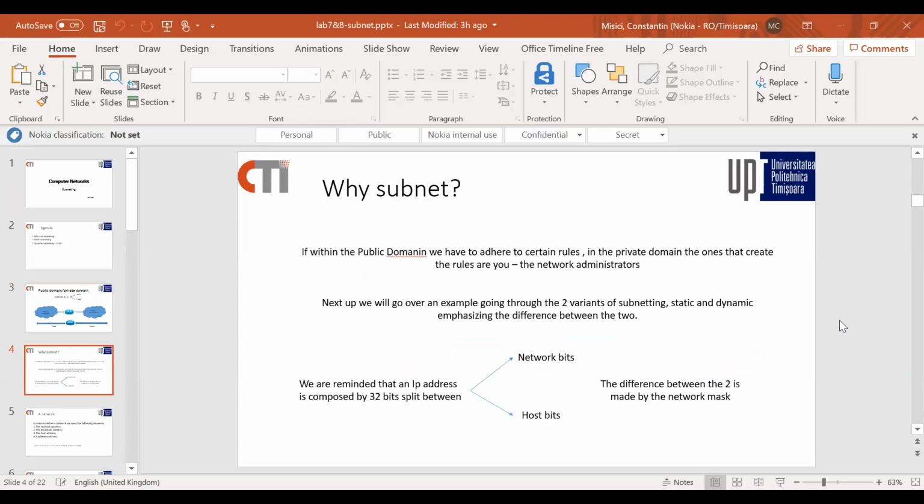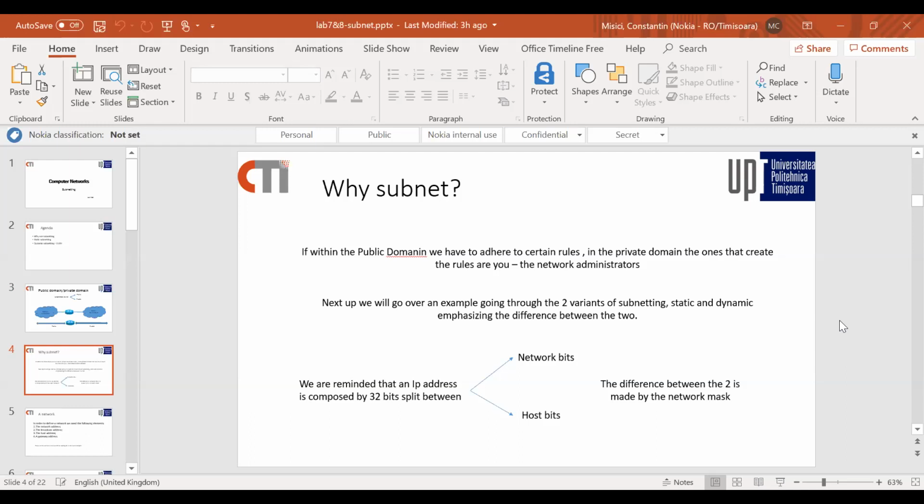In the private ones, the network administrator does whatever they want. And in these 2 labs, we're going to go through one example, and we're going to subnet or distribute or slice up one network according to 2 variants. One is static and the other one is dynamic.